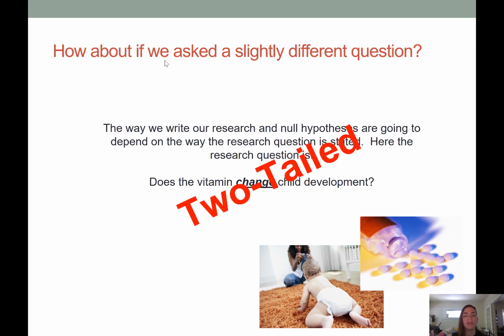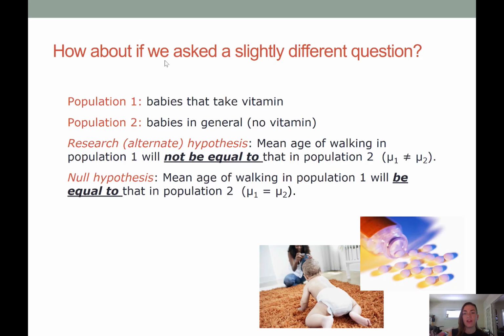I could have conducted my experiment as a two-tailed test if I wanted to determine whether the vitamin changes development, if I wanted to know if it either helps or hinders development.